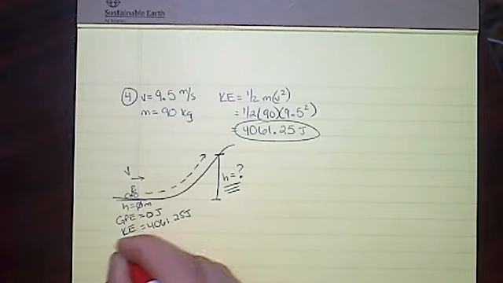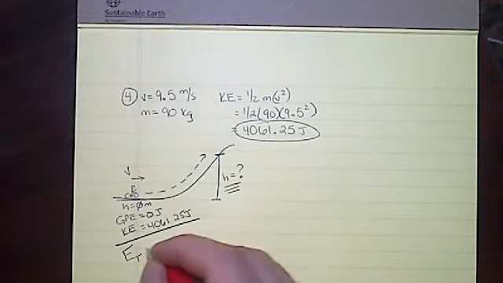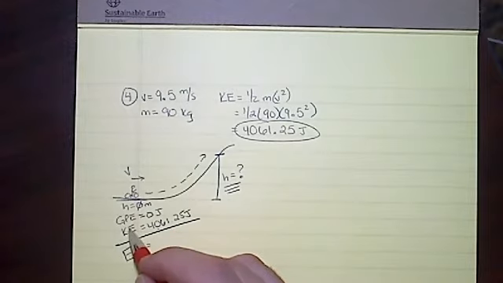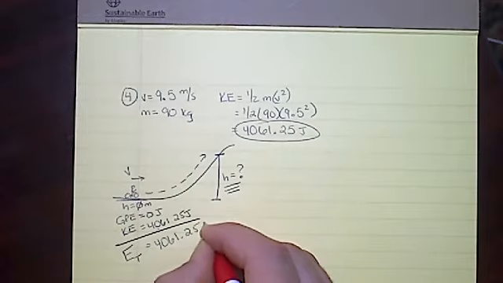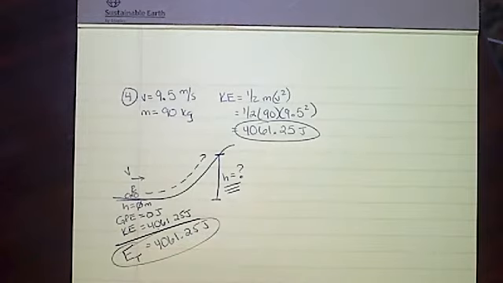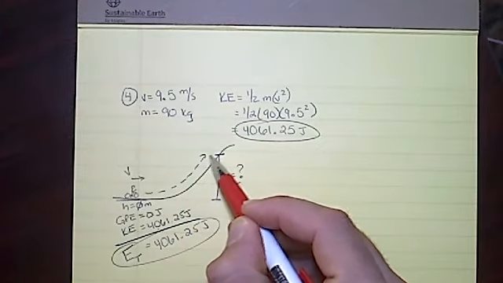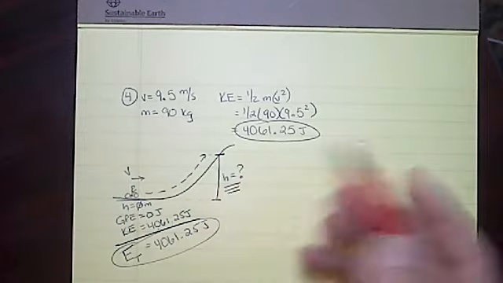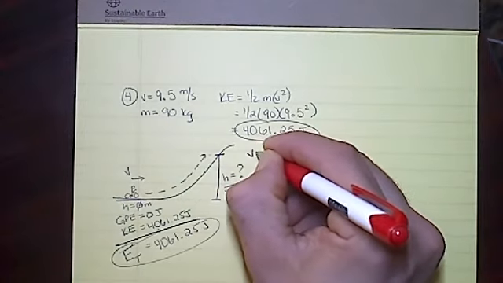So looking at this, his total energy, his mechanical energy, is the addition of these two, 4,061.25 joules. All right. If he coasts all the way up to here till he finally reaches the maximum point and he stops rolling, what does his velocity become if he has stopped rolling?